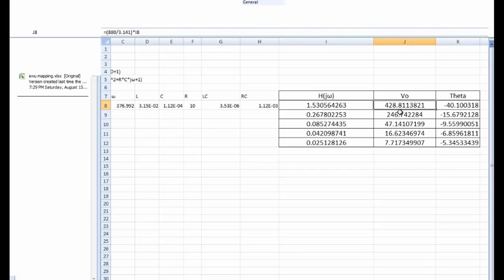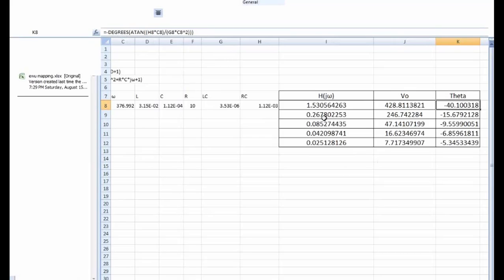If you divide it, it is 428. It is similar to your value, right? Even theta is also the same, minus 40 degree. If we don't put degree here, it will come in radian form, so radian is converted into degree. That's why minus 40 degree theta.